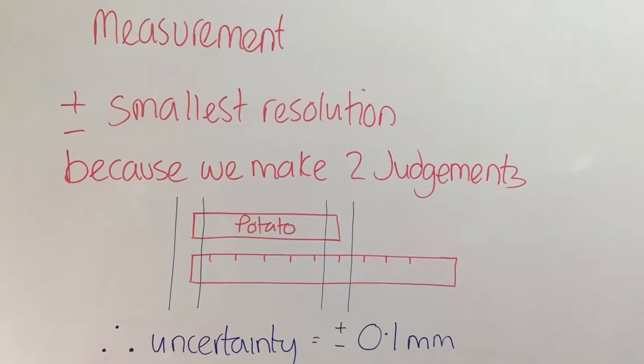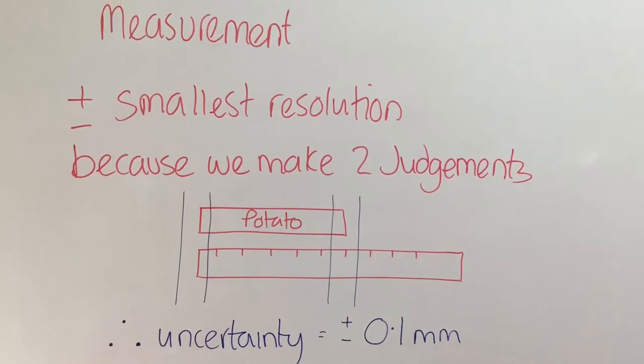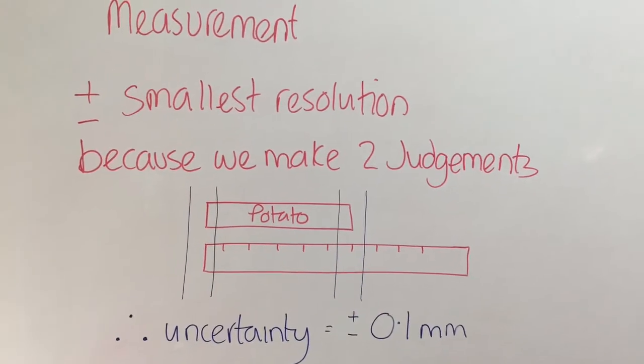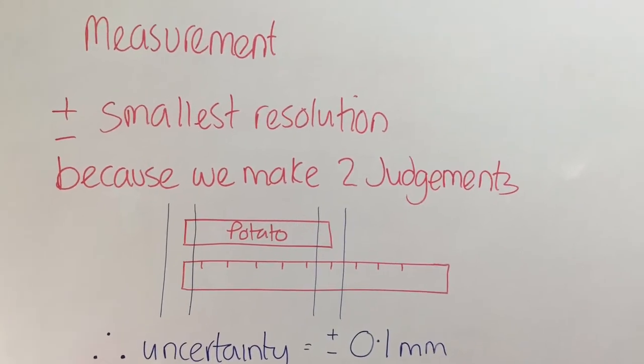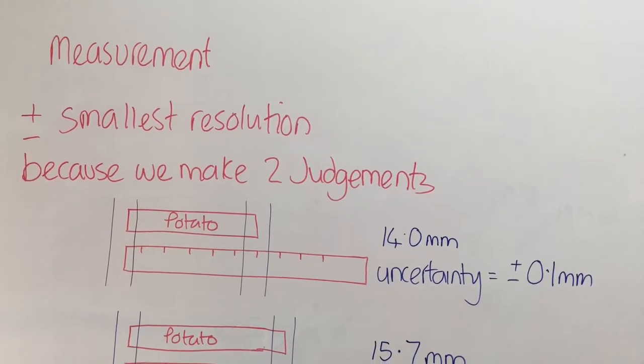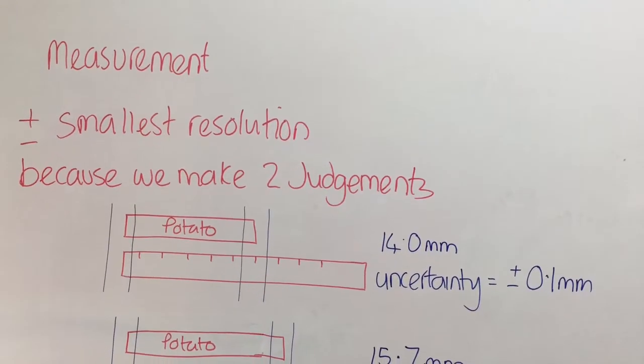If we were just looking at a reading, we'd be looking for half the smallest resolution, and that would be 0.05 of a millimetre. But with a measurement, we've made 2 judgments. So 2 lots of 0.05 of a millimetre, equals 0.1 of a millimetre.